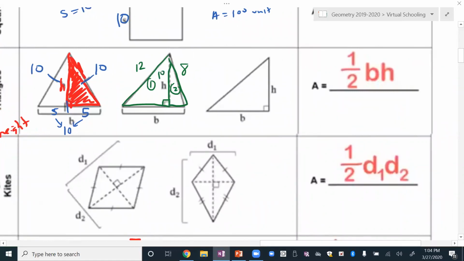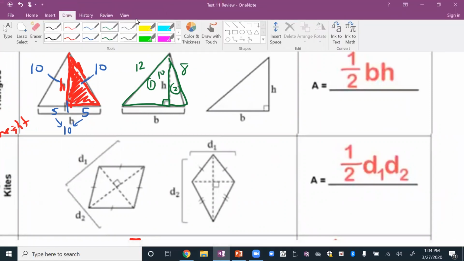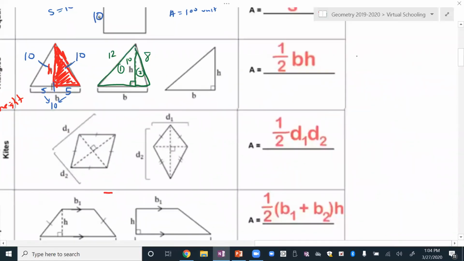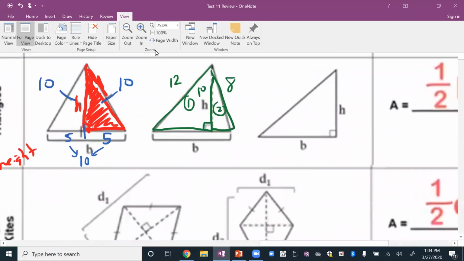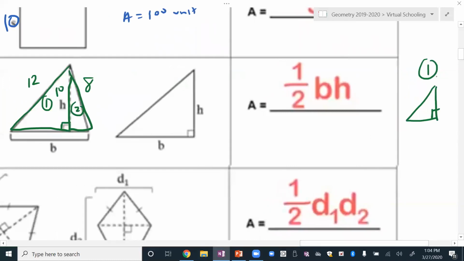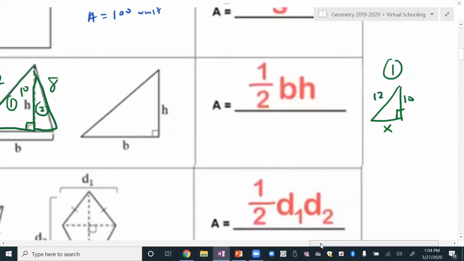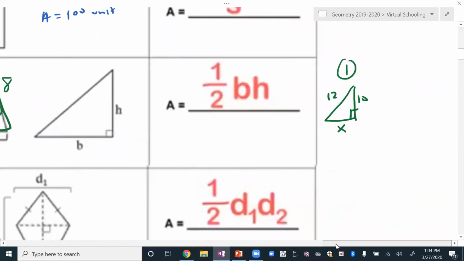So what needs to happen is that you're going to make 2 triangles over here. You need to solve for the first triangle, which would be 12 and then 10, and solve for this missing side. And then you're going to solve for the other triangle here.